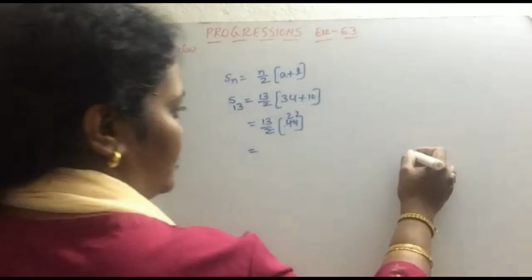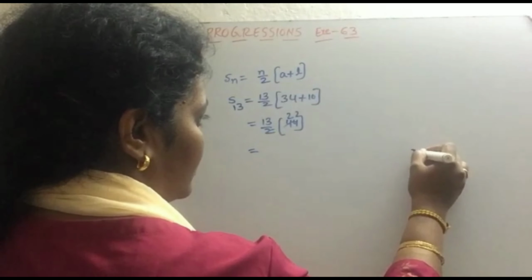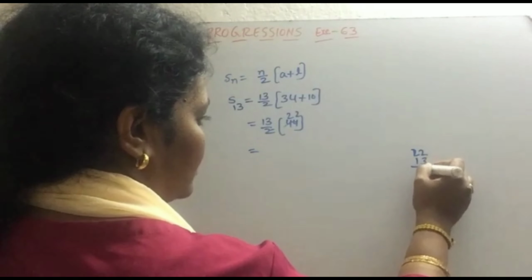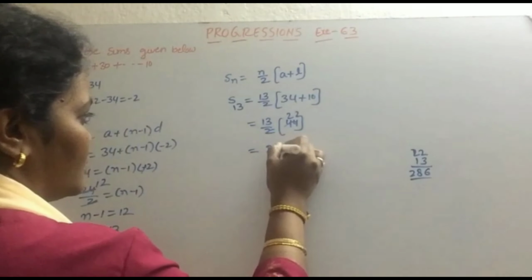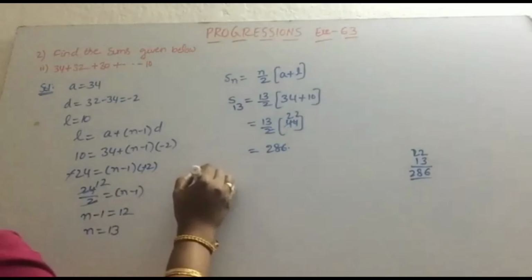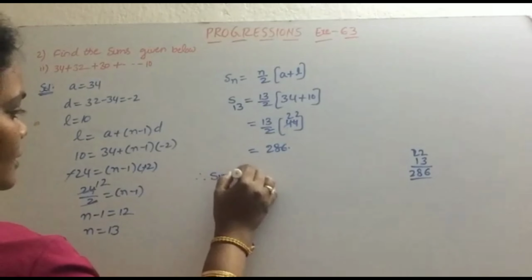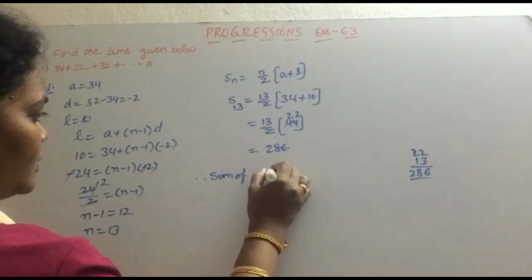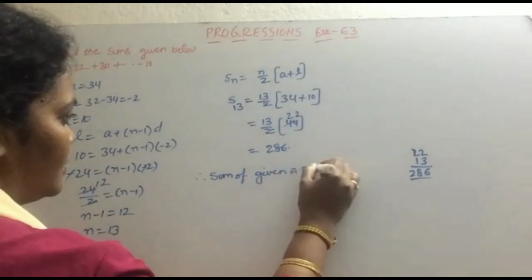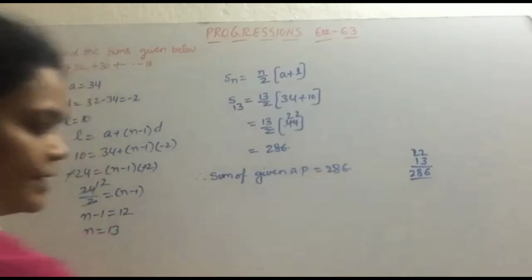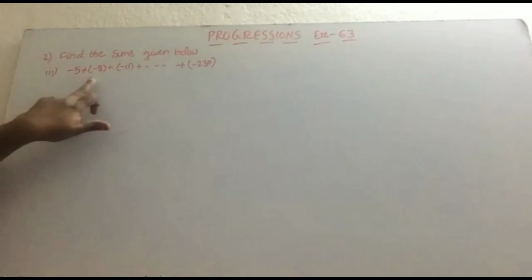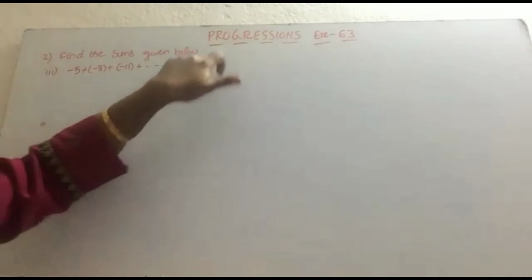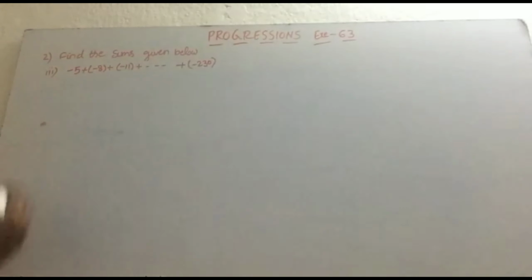So 13 into 22. 13 2s are 26, 13 2s are 26. So 286. So therefore sum of given AP equal to 286.